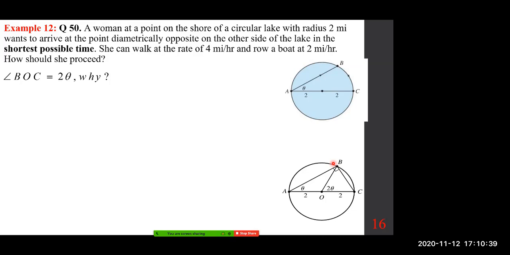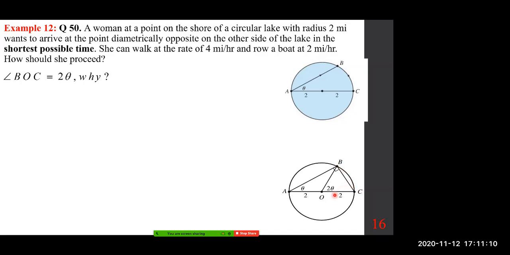So we know this is 90 degrees, and therefore if this is theta, we can find sine theta, cosine theta, and so forth. So if we are going to go this way, cosine theta is AB divided by AC, and so we can use cosine theta to find AB. And BC, as I said, S equals R theta.